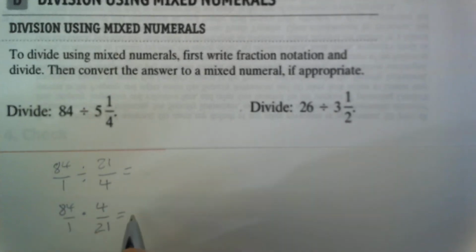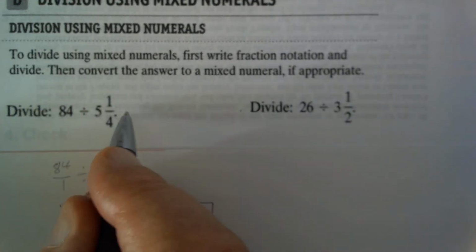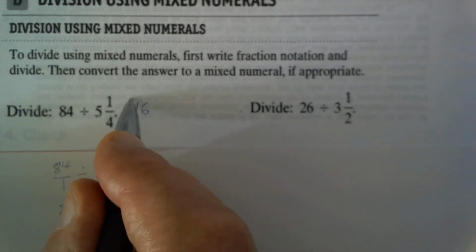So 84 times 4 is 336 divided by 21, and 336 divided by 21 is equal to 16. This then is the answer to this particular problem, so 16.